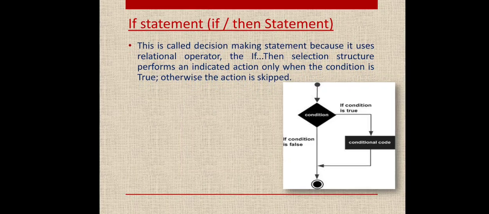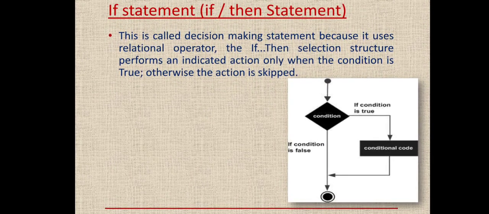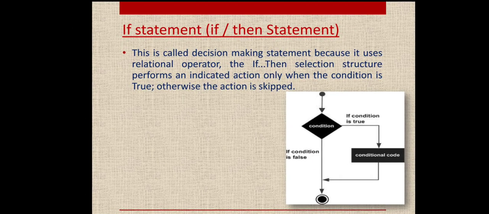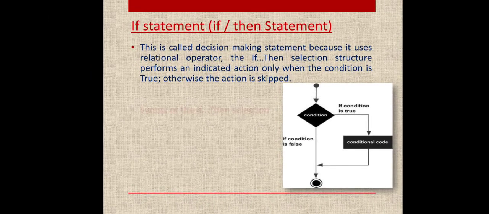As we can see here in the flowchart, when the program starts, if the condition is true, the code will get executed. If the condition is false, the program will get terminated. So here we can see the syntax of the if then selection statement.